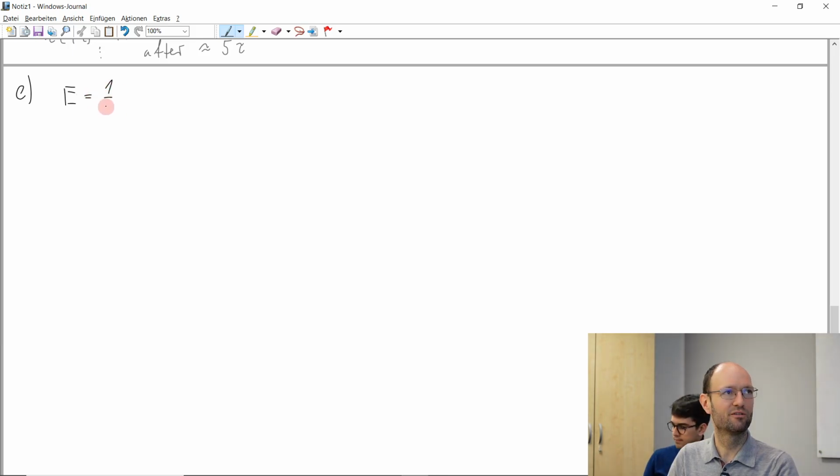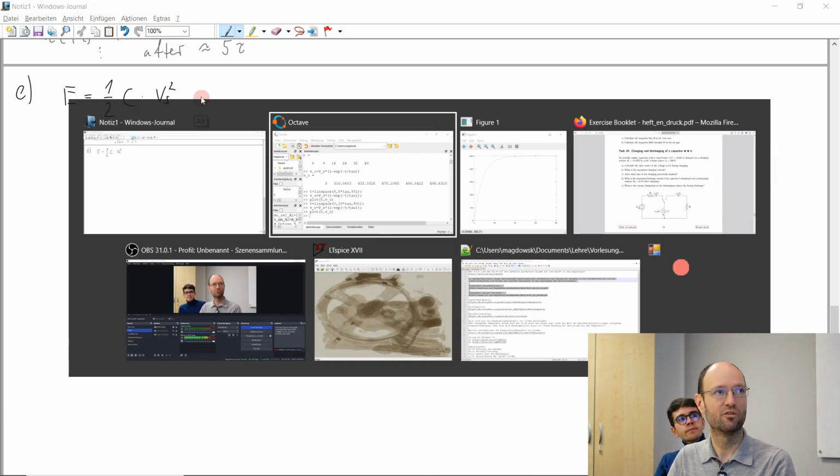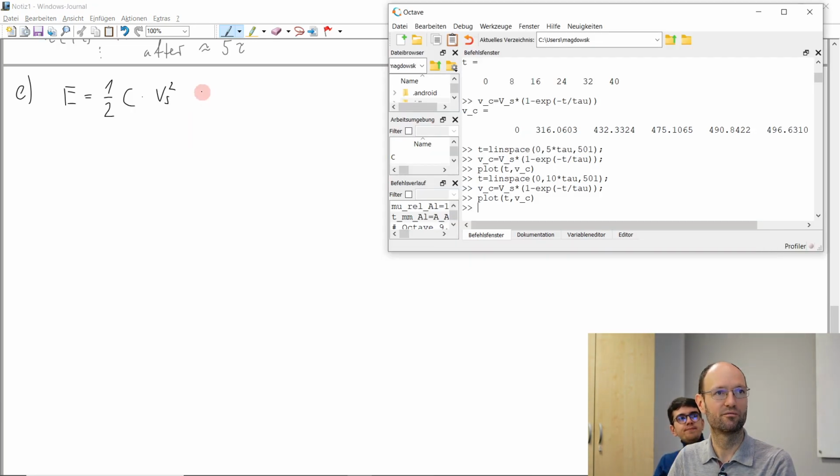So we could do it this way to say the energy that goes into the resistor must be the energy that was stored before in the capacitor. And the energy stored in the capacitor is C divided by 2, or 1 over 2 multiplied with C, and then the voltage squared, and the voltage is the source voltage. Okay, so we could calculate this. I will do it in Octave.